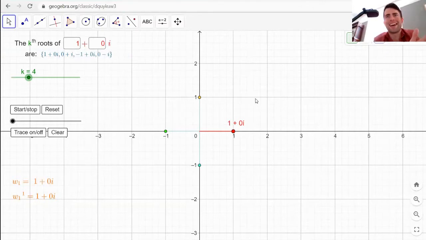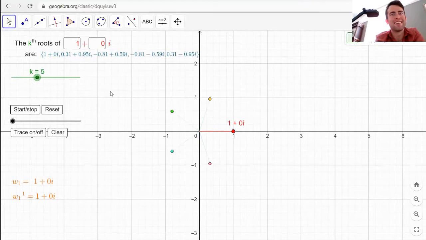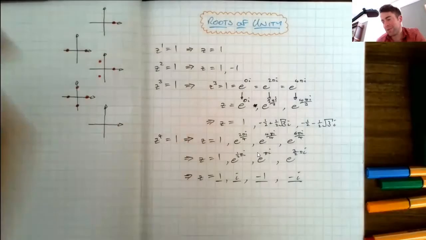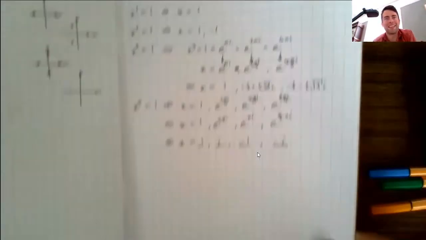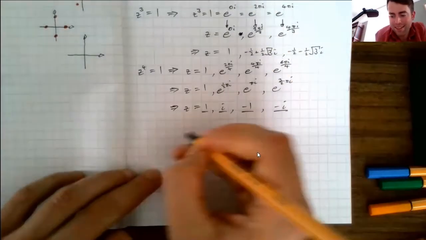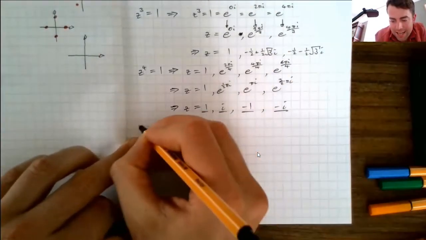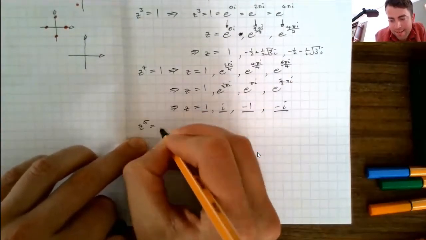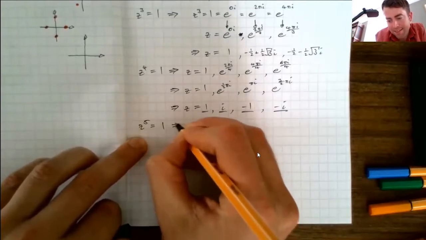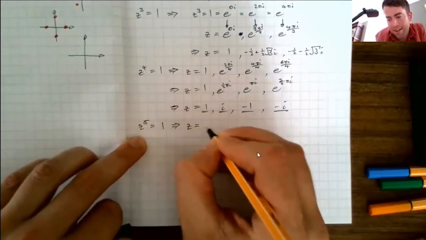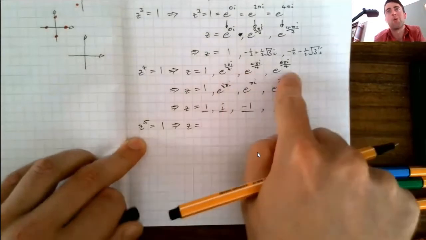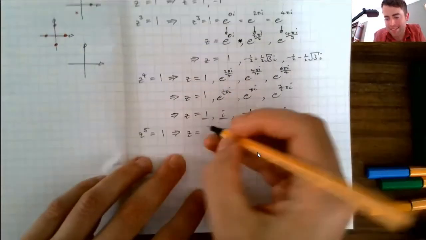That one was quite neat there because it aligns with the axes. The next one, the 5th roots of unity, they're not aligned with the axes. Those are quite messy. And in that case, when writing down the 5th roots of unity, we're just going to use this method again by just writing them down, following the pattern.